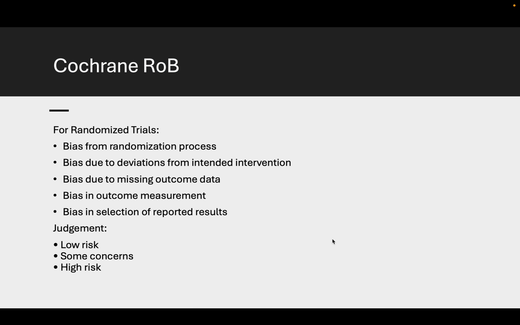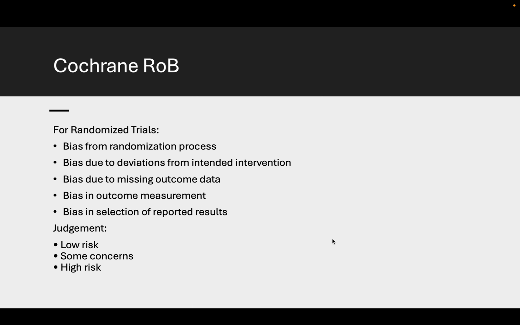So for randomized control trials, if your study has only randomized control trials, then we will check them on mainly 5 domains. What are the 5 domains? You will have to check each RCT study based on if there is bias from the randomization process or not. Have the authors used a randomization process or not?